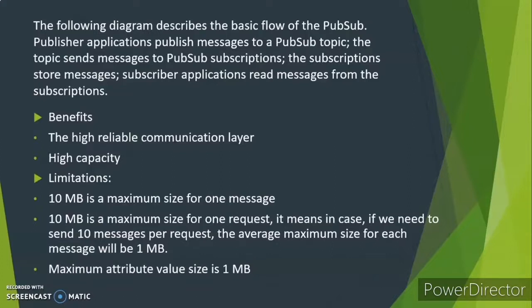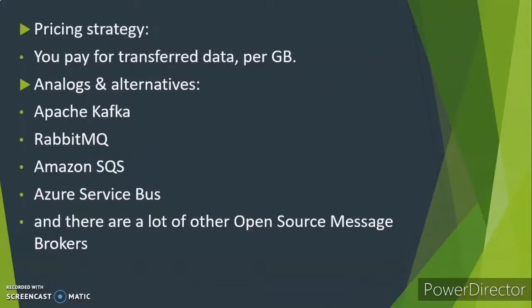Maximum attribute value size is 1 megabyte. Pricing strategy: you pay for transferred data per gigabyte. Analogs and alternatives: Apache Kafka, RabbitMQ, Amazon SQS, Azure Service Bus, and there are a lot of other open source message brokers.